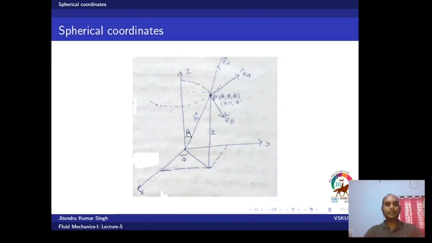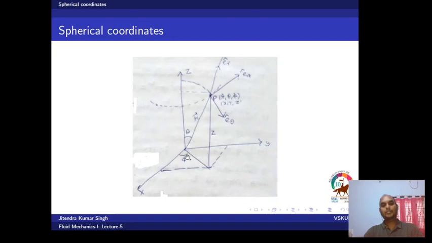Now from the figure it is clear that, suppose we want to find out x, y, z. This distance OP is r, and this angle is theta. If we resolve this OP along the z direction, then we shall get r cos theta, and ON will be r sin theta.